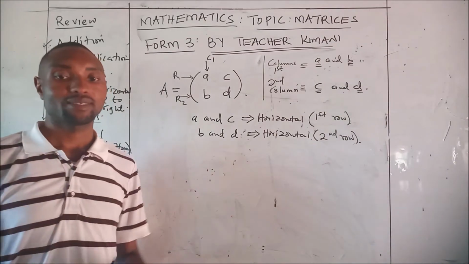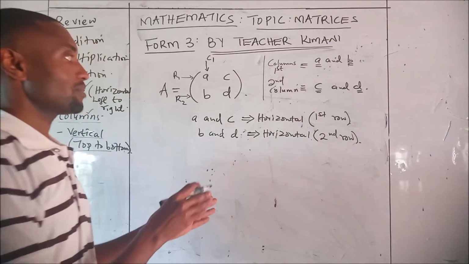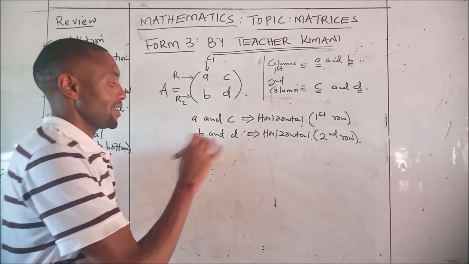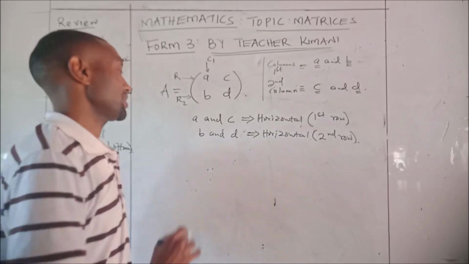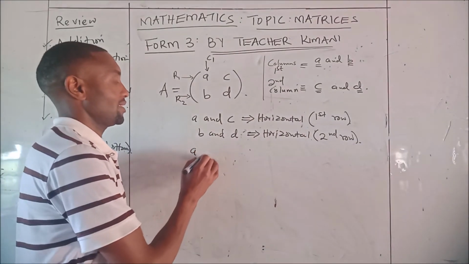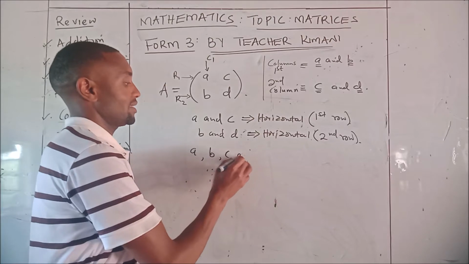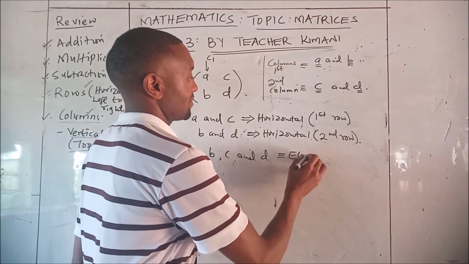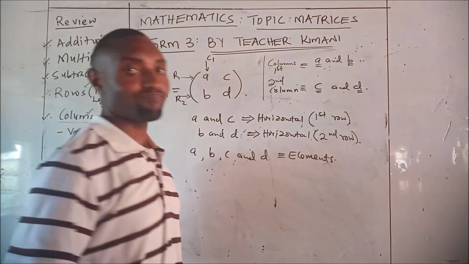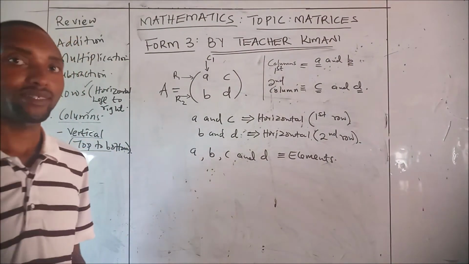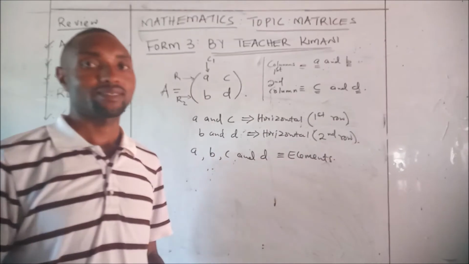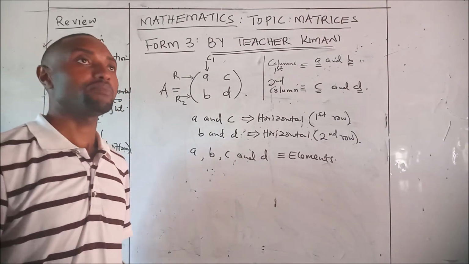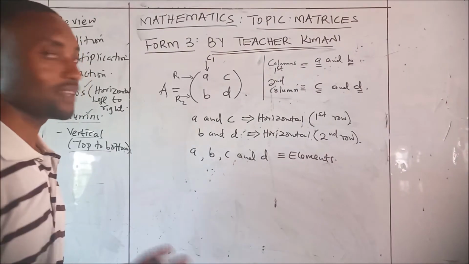Now, in matrices, those variables or letters are known as elements. So we have the elements in our matrix. A, B, C, and D are what we call elements. The elements of a matrix, or what makes a matrix, could be values, variables, letters or symbols.